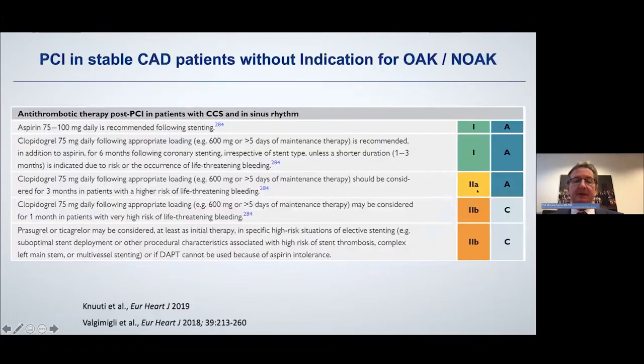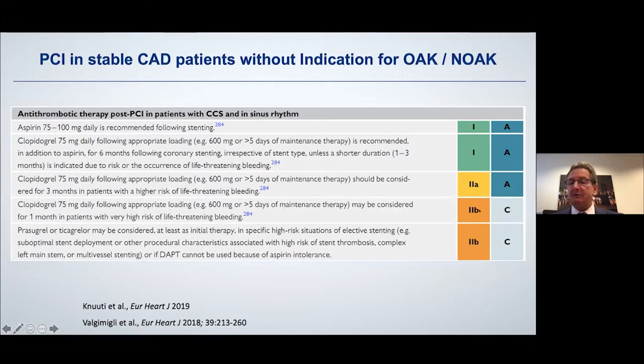According to the current summary from the European guidelines, we have to treat patients with stable coronary artery disease after PCI, without indication for OAC or NOAC, with aspirin and clopidogrel. If we have very high bleeding risk, then maybe just 1 month.